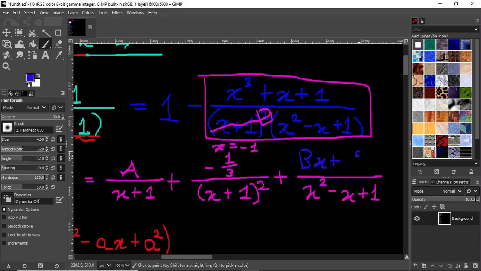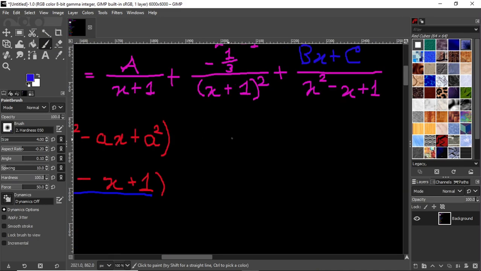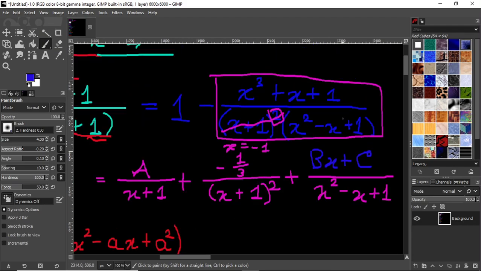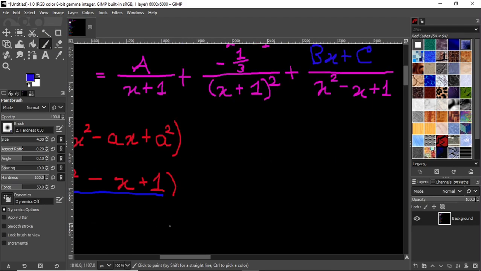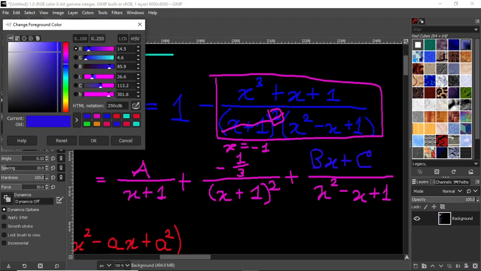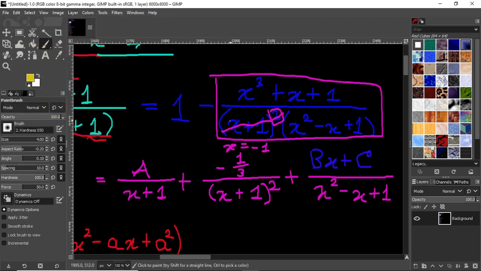I think you get the idea. You'd again need to, as we did before, multiply out. I always forget to remove that line there. What makes a good contrast? Yellow. Okay, yellow over this.